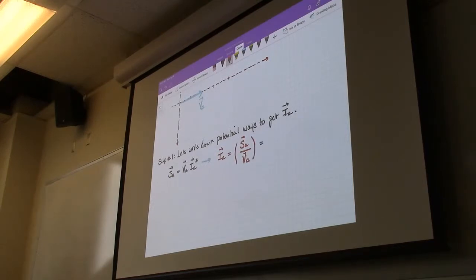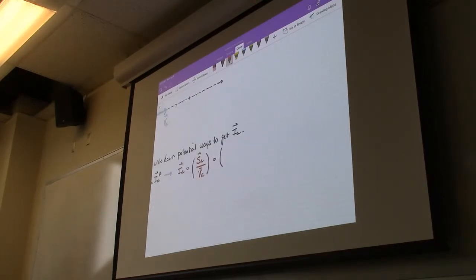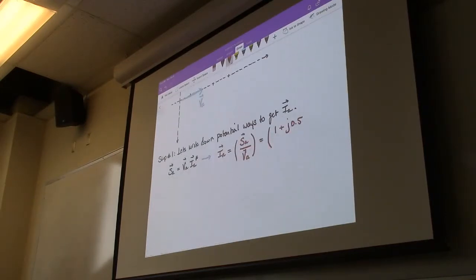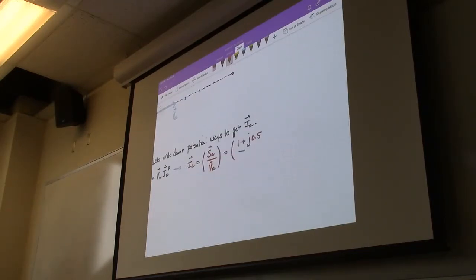And so what's the value for that? That'll be 1 plus j 0.5, because it's supplying Q 0.5, over 1. Well, it's itself, it's divided by 1.